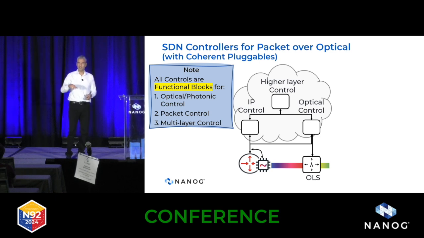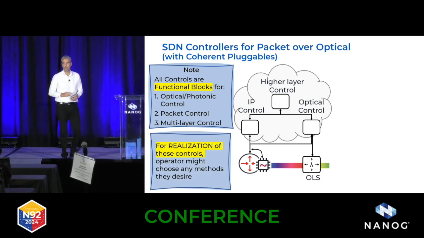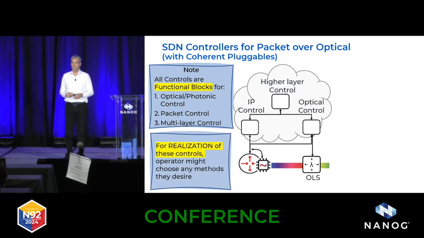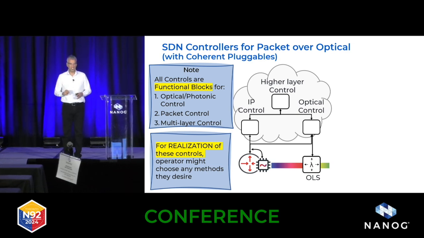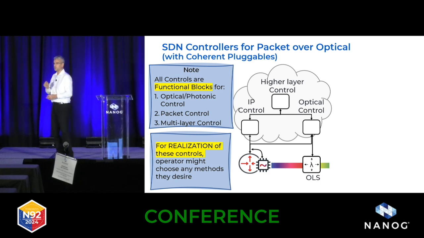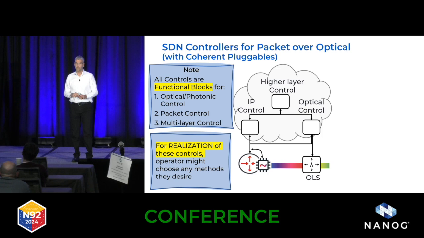This block is not implying how you want to realize or implement it in the network. We will go through a few examples, but this is very important. If I show you this picture without the context, you might think that this is the way I'm saying to go and control your network. But this is not the case. Here is a very important aspect that we have to consider.